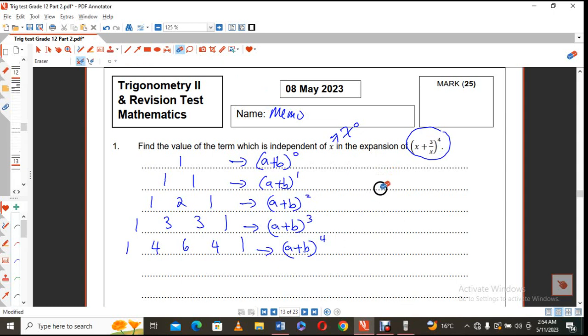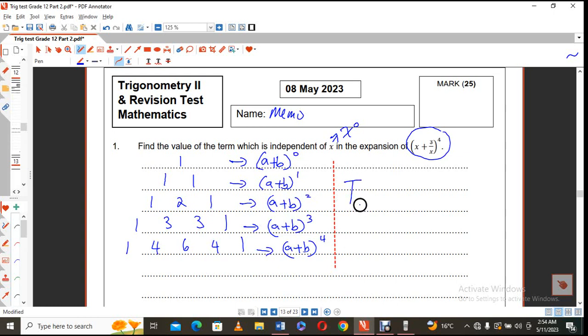Also worth noting is that you could use the formula, and we'll be using the formula towards the end, maybe on the second question.